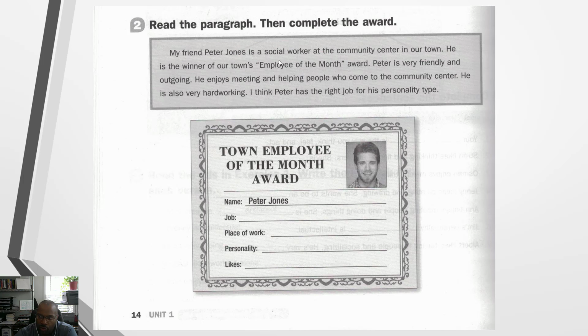He's the social worker at the community center. Place of work, the community center. Personality, I wrote down very friendly, hardworking. Okay, so I put down very friendly, hardworking. And the likes, I put down meeting and helping people.